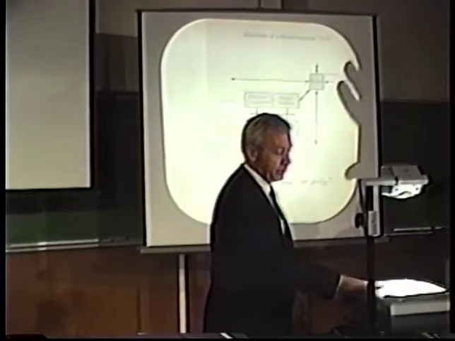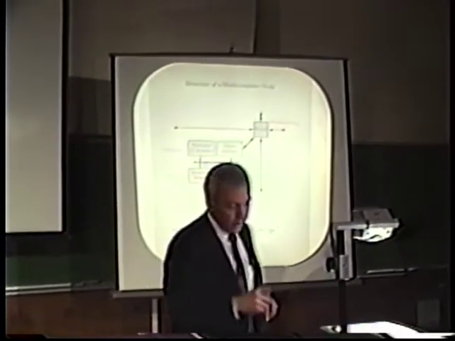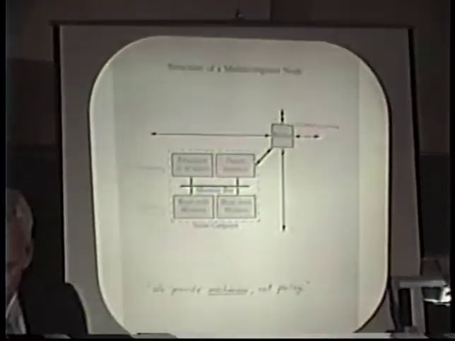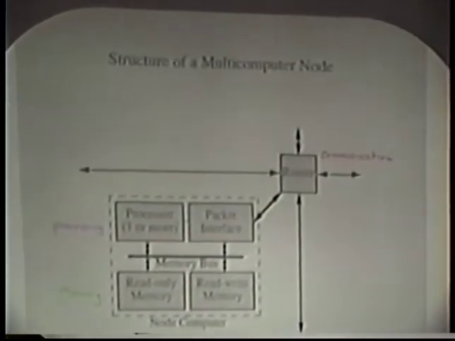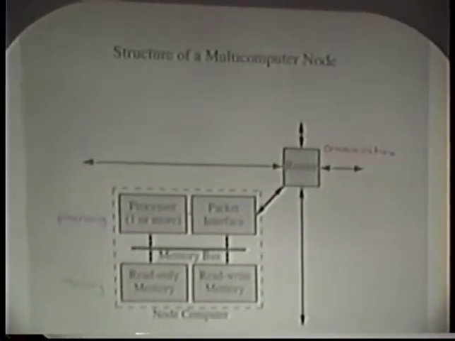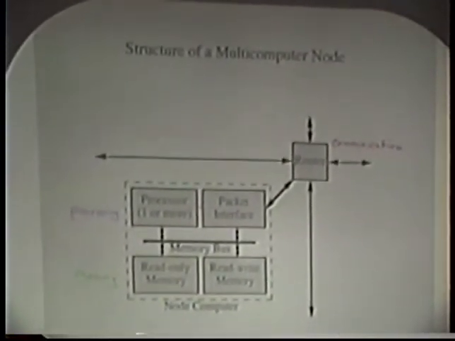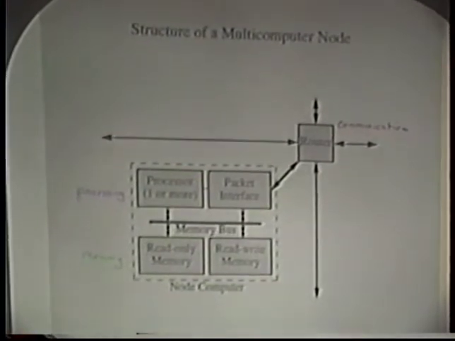One more point about the basic structural architecture is that unlike machines such as data flow machines, in which there is a lot of policy built into the basic hardware, multicomputers are quite simple.